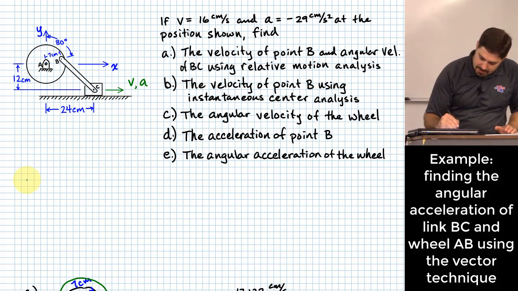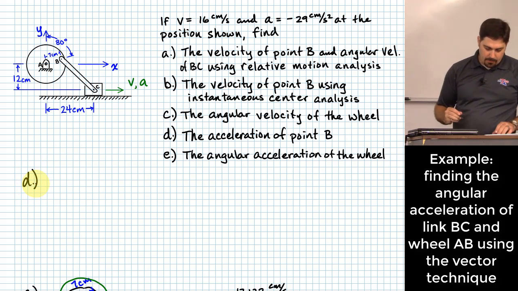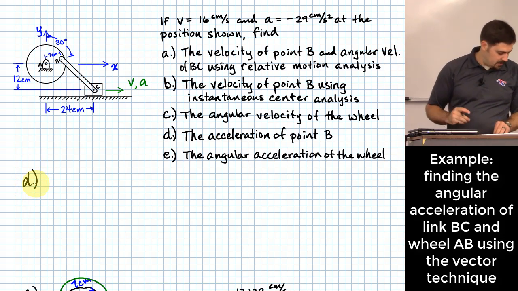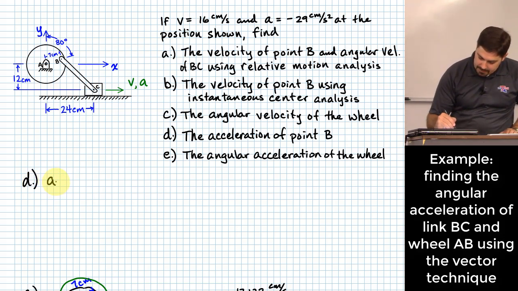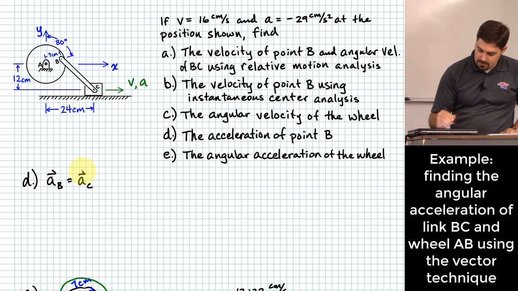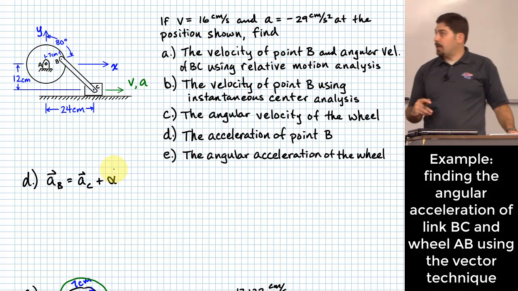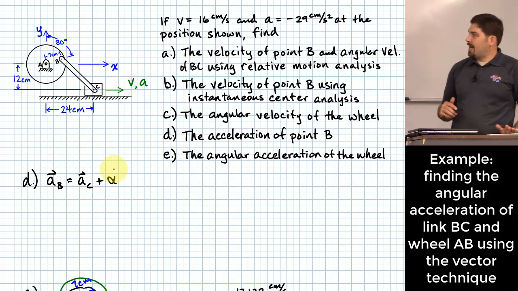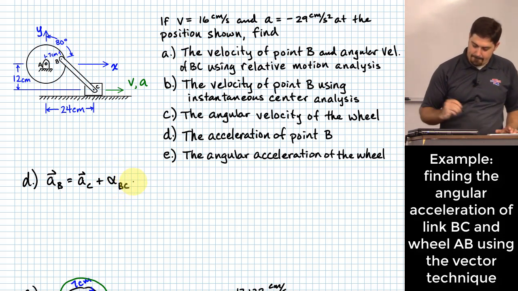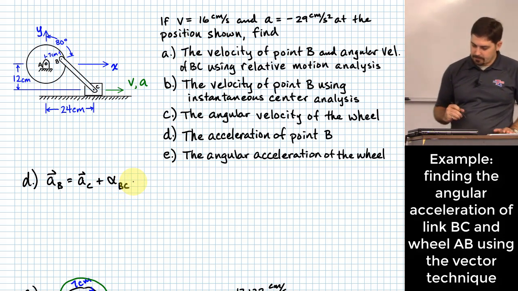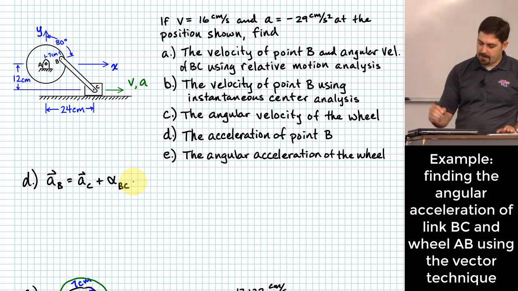All right, so for part D, the first thing that I want to do is go ahead and just write out the expression that we had a second ago. So the acceleration of point B is equal to the acceleration of point C plus my alpha vector. In this case, because we're looking at the link, I need the alpha of link BC. Okay, and I'll put that little notation on there.